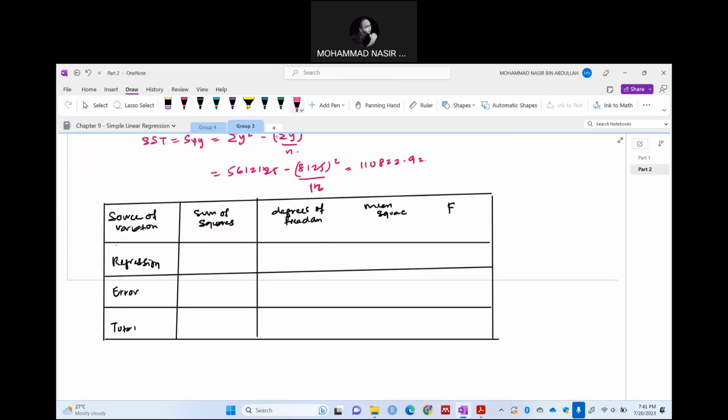So sum of square total is 110822.92, and regression should be 108450.64.